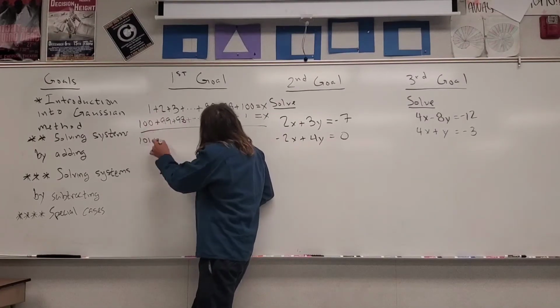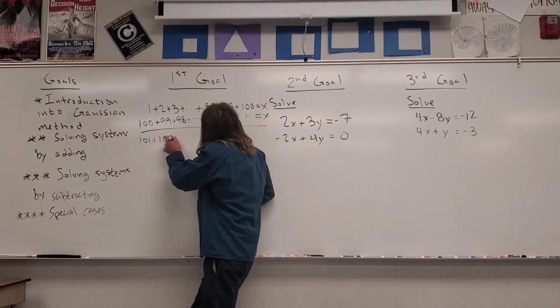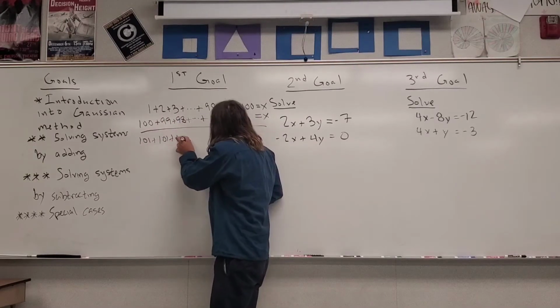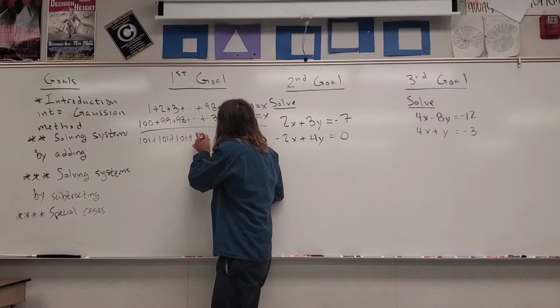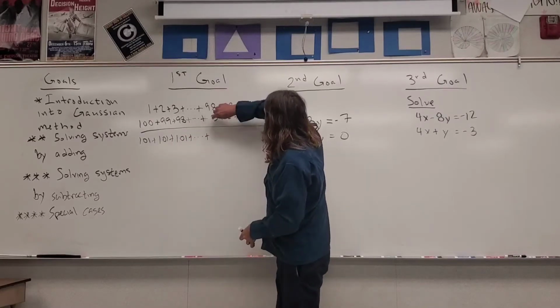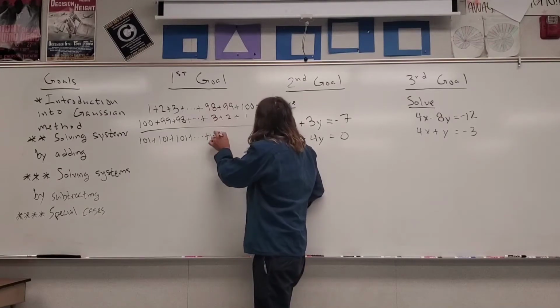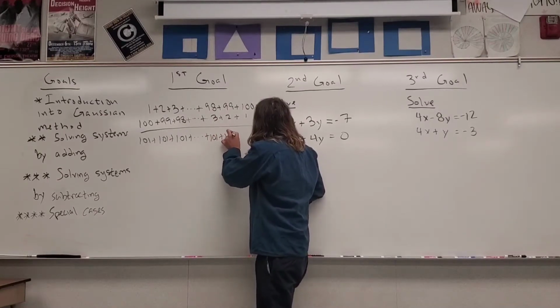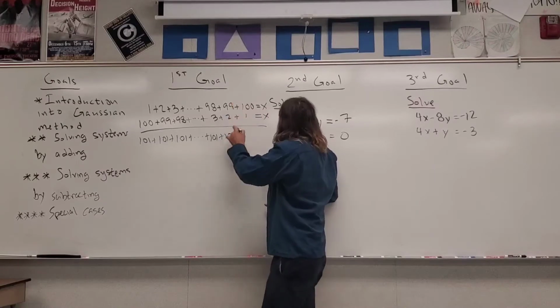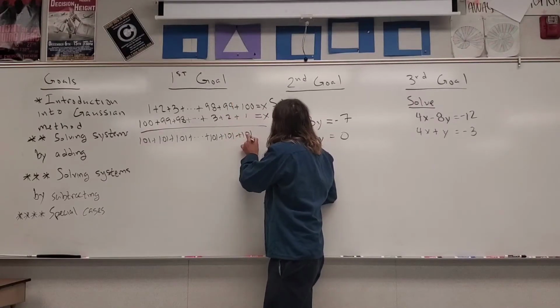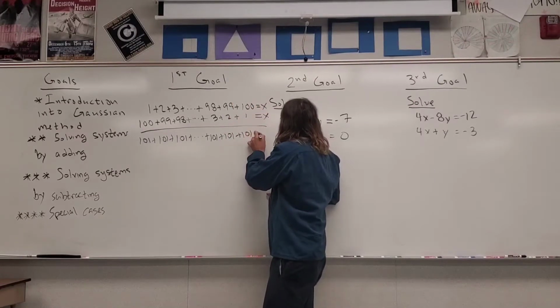Plus 2 plus 99, that's 101. Plus 3 plus 98, that's 101. Plus ... plus 98 plus 3, that's 101. 99 plus 2, that's 101. 100 plus 1, that's 101. And then x plus x, that's 2x.